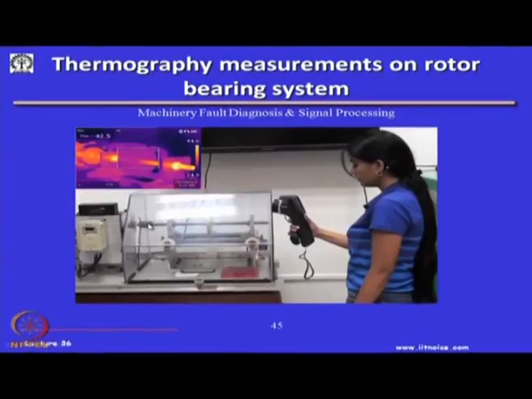So, this is a flexible element coupling. Through IR imaging you can see the temperature rise. This is a single stationary shot, but this can be put on a tripod and samples can be taken at 30 image frames per second, and such videos can be made and stored on a computer where you can do image analysis, and looking at the rate of temperature rise you can find out the misalignment.